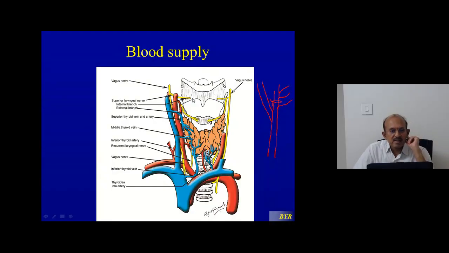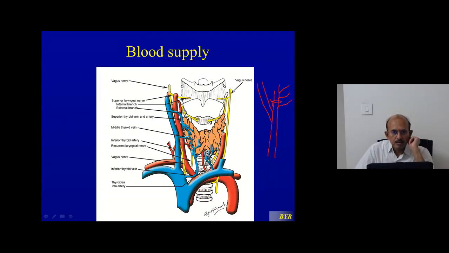It has only sensory supply to the larynx above the vocal cords. That means piriform fossa, epiglottis, arytenoid cartilages, posterior one-third of the tongue, and vallecula. So these are the places that are innervated by the internal laryngeal nerve, which is a branch of the superior laryngeal nerve.